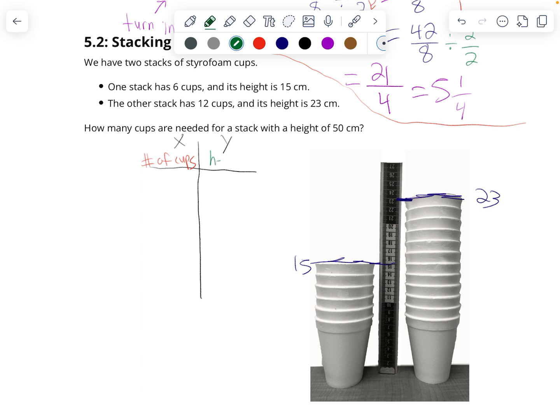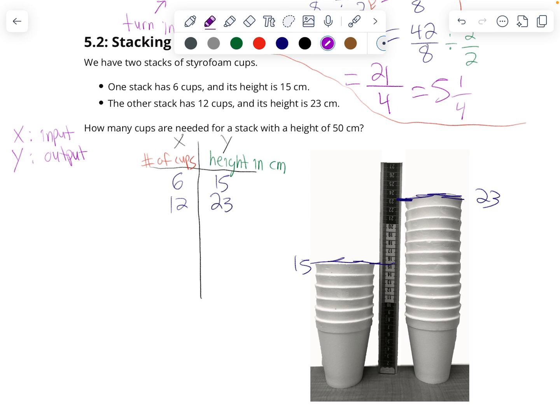So your output would be the height in centimeters. So again, X is your input, Y is your output. I talked about this on Monday. So they told us 6 cups had a stack of 15 centimeters. They told us 12 cups had a stack of 23 centimeters.